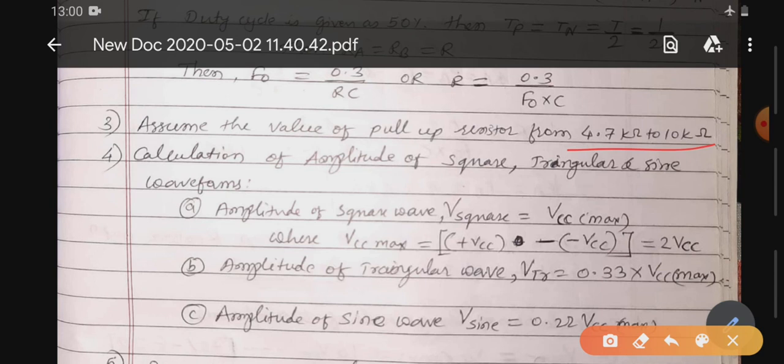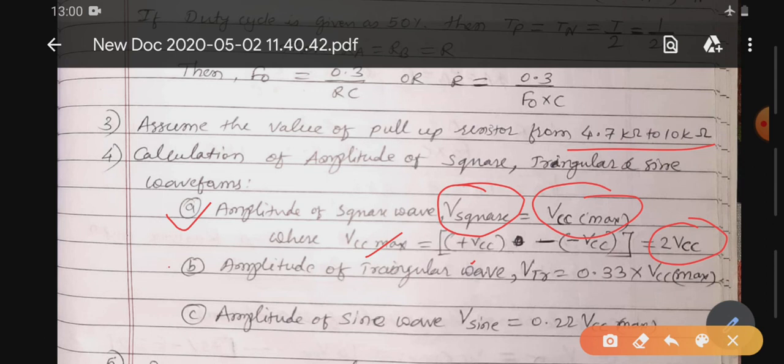Then calculation of amplitude of square wave, there are fixed formulas. Number one, amplitude of square wave V square is equal to VCC max, where VCC max is nothing but twice of VCC, plus VCC minus of minus VCC is twice of VCC. If plus minus VCC is 5 volt, then VCC max will be equal to 10 volt, twice of VCC directly without any sign.